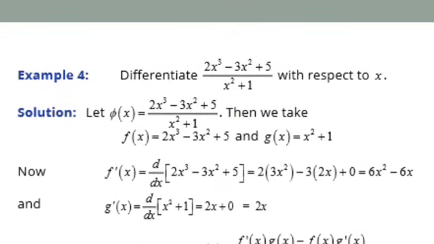Now here we have an example. The numerator is equal to f of x and the denominator is equal to g of x. We take their derivatives. In f of x, we have 2x cube. When we take the derivative, x cube gives 3x square, x square gives 2x, and the derivative of 5 is 0. For g of x, x square plus 1, the derivative of x square is 2x, and the derivative of 1 is 0.